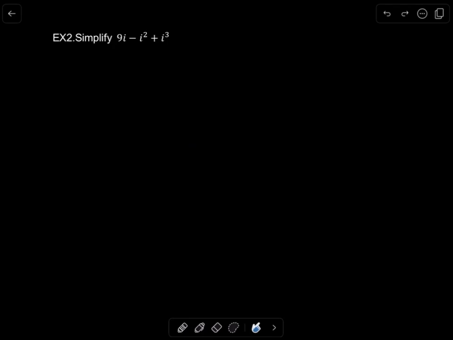Exercise 2. So it's the same situation, you just need to simplify this expression. All right, so 9i, we cannot simplify that any further. We'll just leave that as is. Now we have minus, and we have minus i squared. Now be extremely careful with this. What I suggest you do if you're doing this for the first time is say minus in brackets i squared, because the double negative sometimes can catch you out.